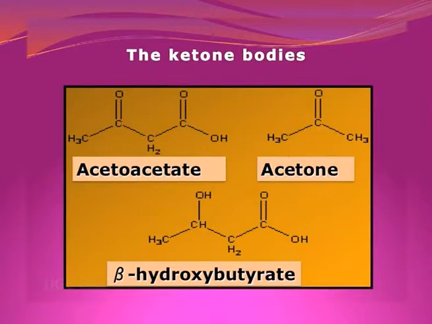Now, another interesting aspect of lipid metabolism are the ketone bodies. The ketone bodies are of three different types: the acetoacetate, the acetone, and the D3-hydroxybutyrate. Now, what is ketogenesis?